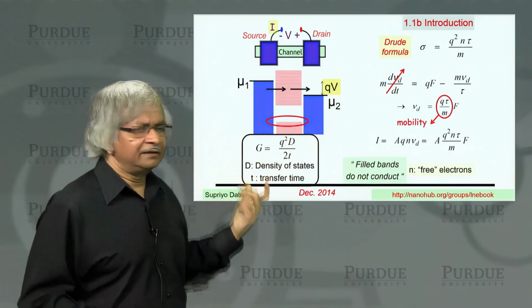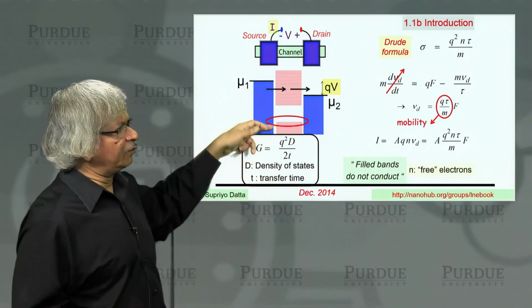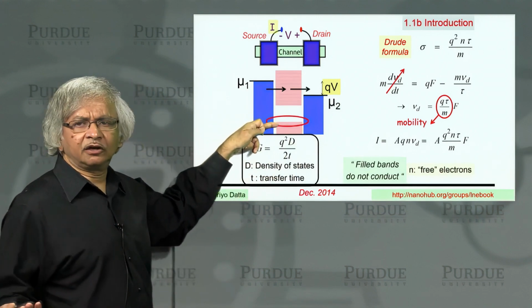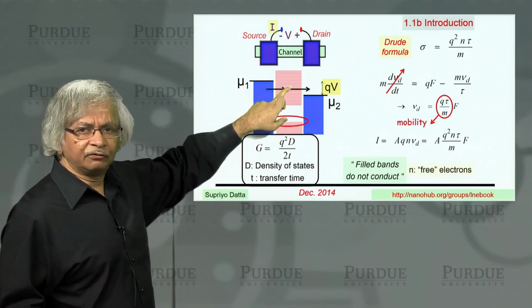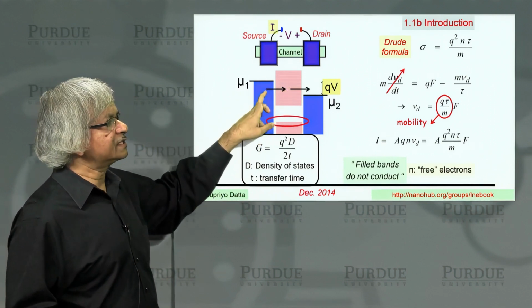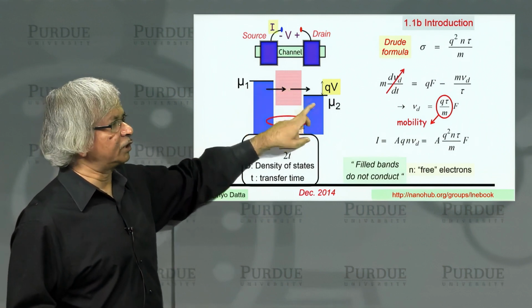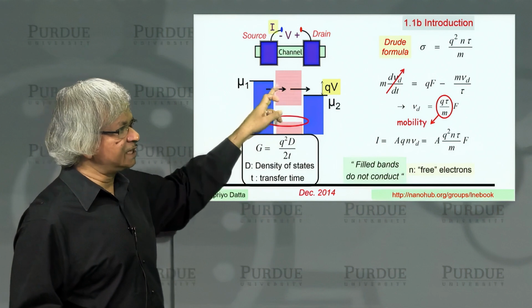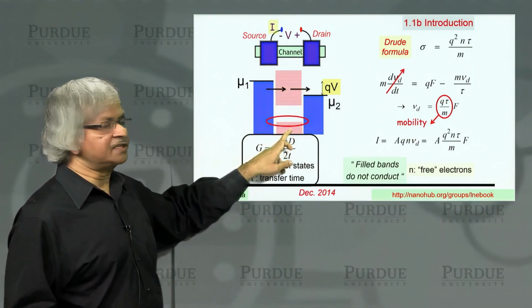On the other hand, the way we described it, it's pretty clear why these states do not contribute to current flow. Because the reason you have current flow here is that this contact wants to fill it up, and this contact wants to empty it. So this keeps putting electrons in and this keeps pulling them out. What about the states here?